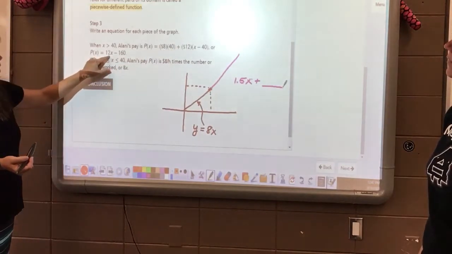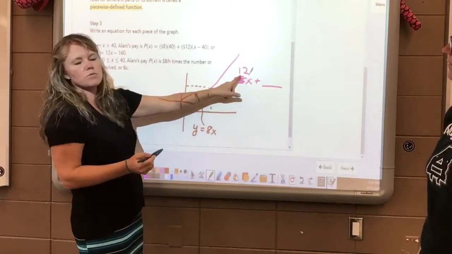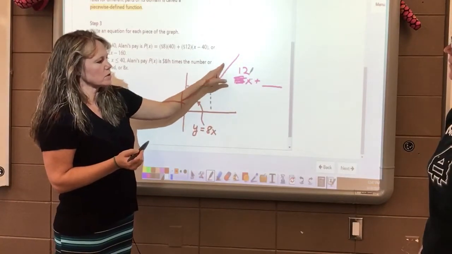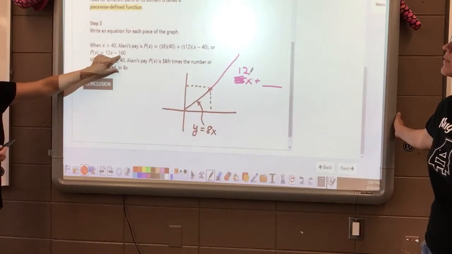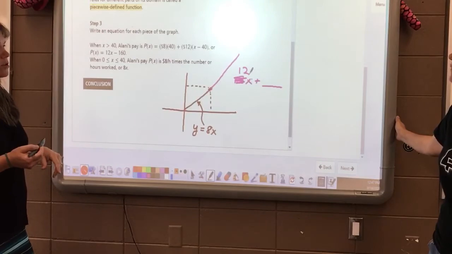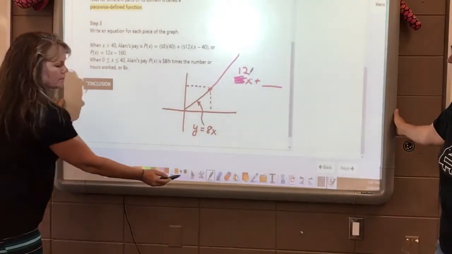So 12x, oh, it's not 1.5x, it's $12. This one was $8, this is 1.5 times that. So 12x, she's going $12 up, $12, $12 every time she works an extra hour. But finding this y-intercept is what I think is tricky. There's a lot of different ways to do it depending on what algebra experience you have. But let's go through this conclusion because that'll be the one that we want them to reference.